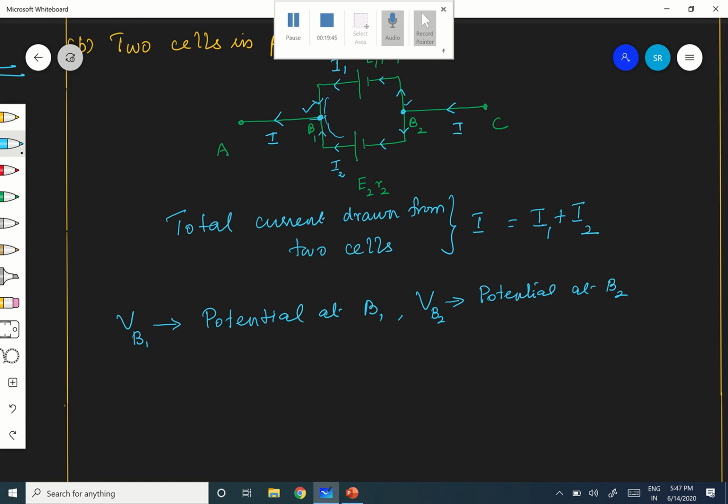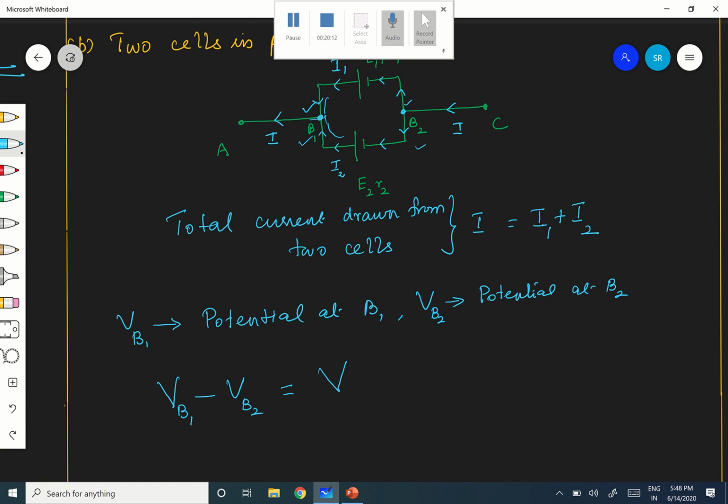Are you following? So the potential difference between B1 and B2, let it be V. What is that? VB1 minus VB2, right? That is the potential difference between the points B1 and B2, and that is nothing but, let it be V. Are you following? The potential difference.